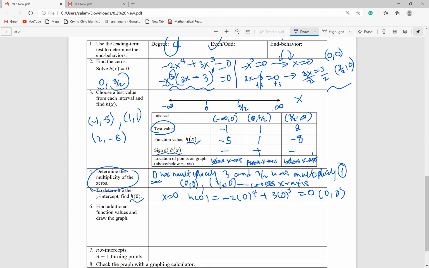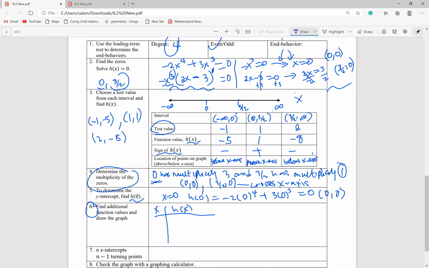Now number 6 is saying that we should try to find additional function values and draw the graph, where you don't have to. But if you want to, you can look for some additional values, like what I have here. You can find your h of x, which I didn't use.